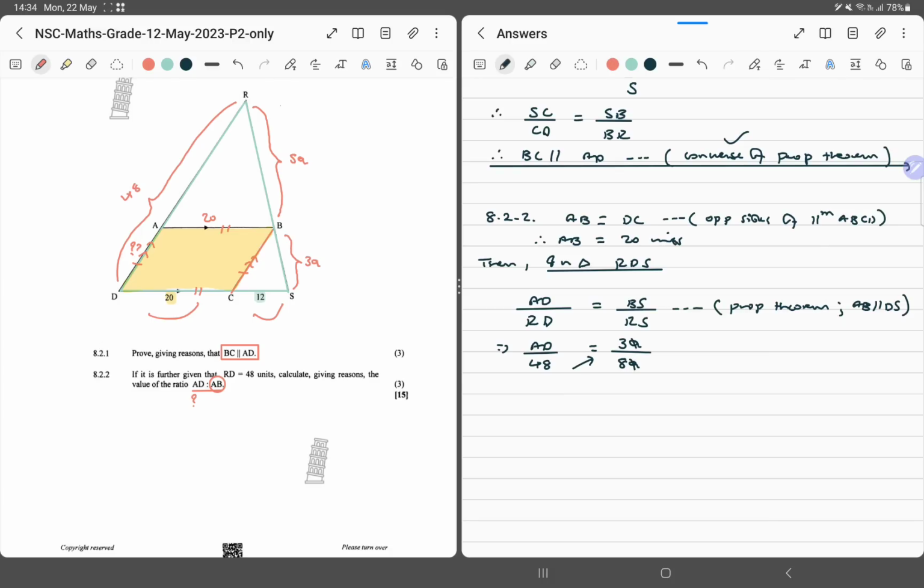We cross multiply the 48. Therefore, AD is going to be 3 over 8 into 48. What is that? 8 by 6 is 48, so 6 by 3 is 18. So that is going to be 18 units.